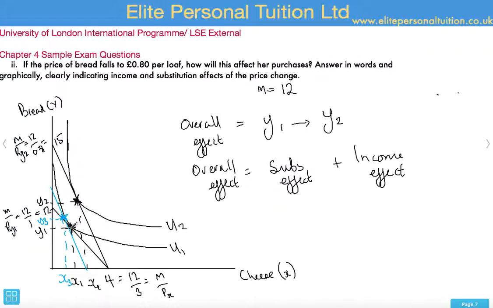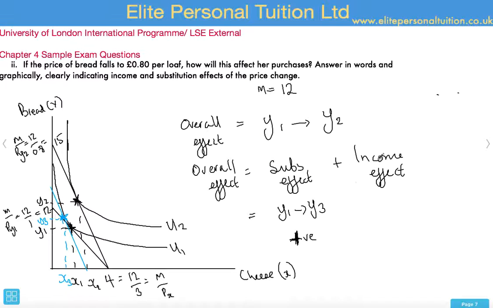Because can you see from y1 to y3 to maintain this level of utility at these new prices? So the substitution effect is y1 to y3, and it is positive in this example, which makes sense because y is relatively cheaper now because the price has gone down, so the substitution effect will tell us to buy more of it.